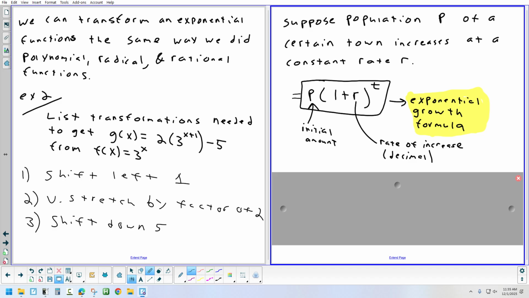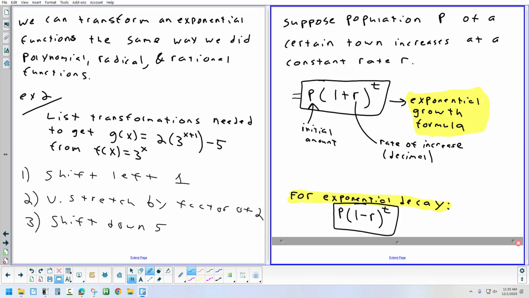Now, if you change one thing in that equation, it becomes the exponential decay formula. Anybody have a guess what would change to make it decay? Plus sign. And what would it change to? A negative sign. Yep. So how do you know if something's growth or decay?